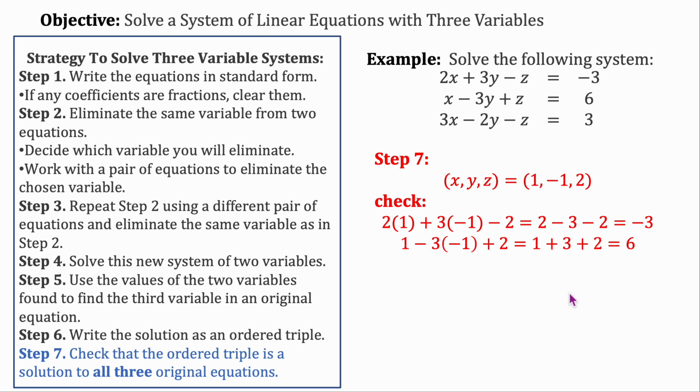Now if I plug into the next equation, I should get 6, which is exactly what happens. I get 1 plus 3 plus 2, which is 6. And then finally, if I substitute in the last equation, you'll see I get 3 plus 2 minus 2, or 3, which is what I wanted.